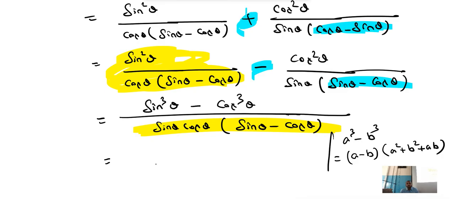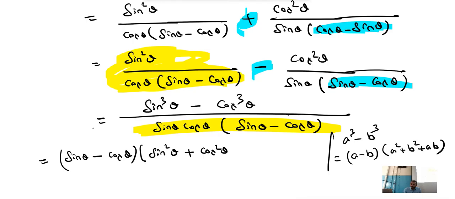Shall we substitute here? A cube minus b cube, as a means what? Sin theta. What is a? Sin theta. b is cos theta. A minus b into a square, sin square theta, plus b square, cos square theta, plus a into b, sin theta into cos theta.